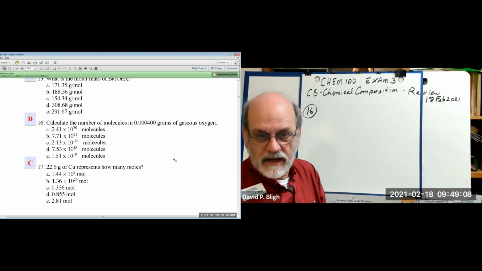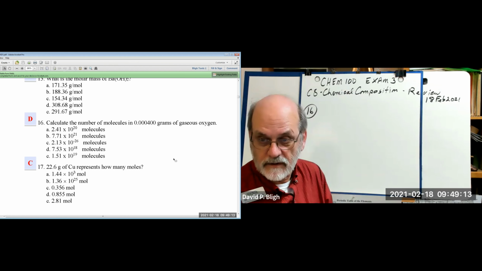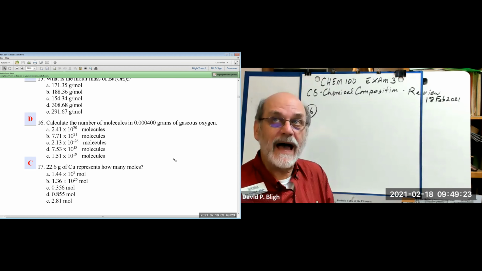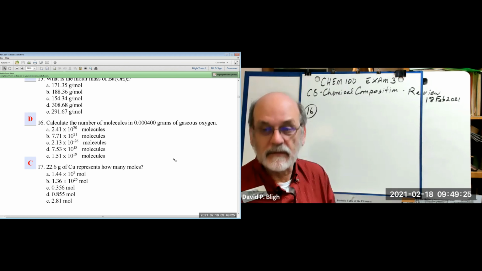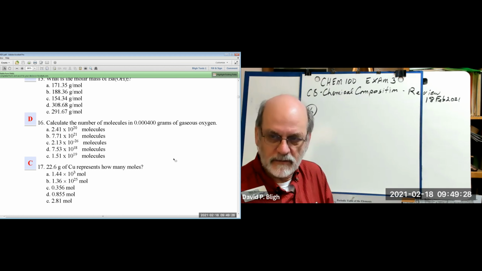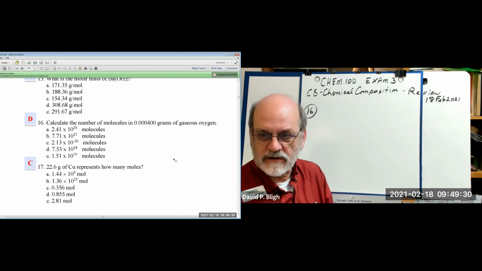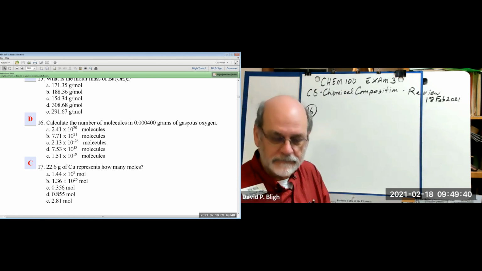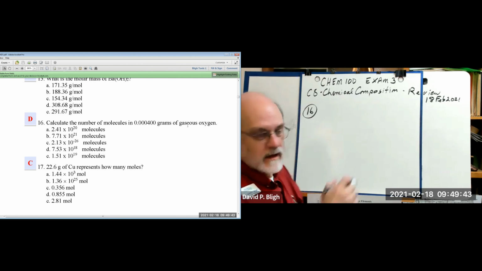You cannot calculate the number of molecules in that many grams of oxygen unless you know how to write the element. Oxygen is one of those diatomics, right? Like hydrogen, nitrogen, oxygen, fluorine, chlorine, bromine, iodine. Those are all diatomic elements. So when it says oxygen as an element, and here I specified in this question, gaseous oxygen, you know it has to be O2.